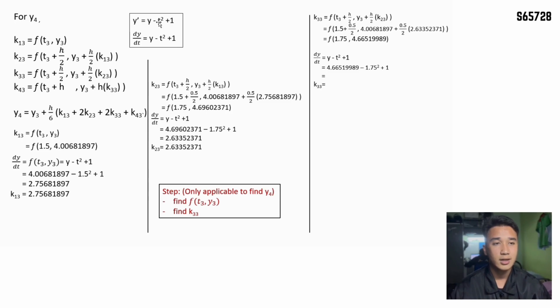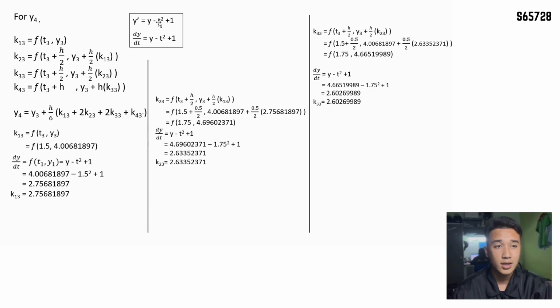And then the answer is 1.75 and 4.6651989. And then we substitute these two values in the equation y minus t squared plus 1, and then the answer that we get is 2.60269989.